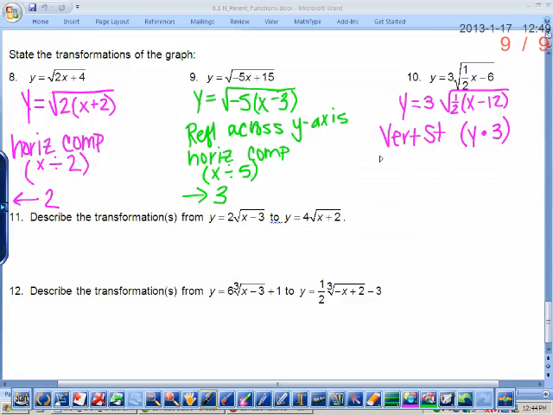What does the 1/2 do? It's going to be a stretch. And let's see why. If you take your x values and divide them by 1/2, what's that the same as? Yeah. That's why it ends up being a stretch. And then what does the minus 12 tell us? Right, 12.